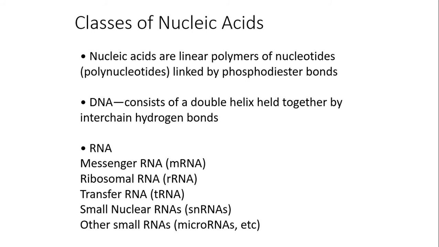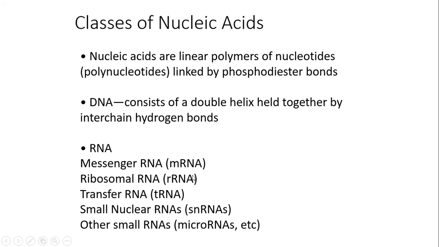We'll also look at that in detail. snRNAs are found in the nucleus complexed with proteins, and sometimes called snRNPs, small nuclear ribonucleoproteins. And these are particles typically that aid in processing mature RNA molecules.